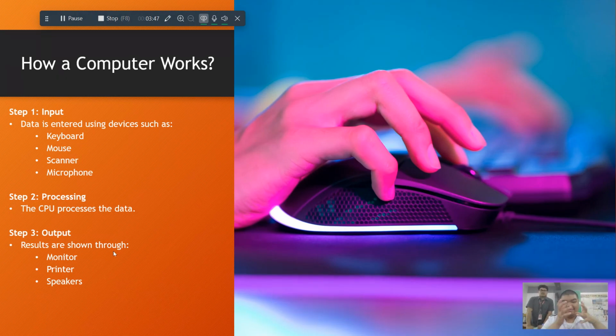So step three is to show the output. Sorry, I just spoke it wrong. The monitor, printer, and speakers just show a result through the output. So it's gonna go to the next one.